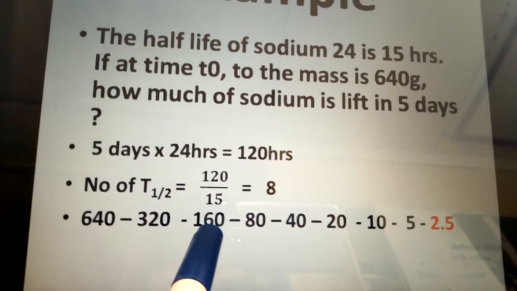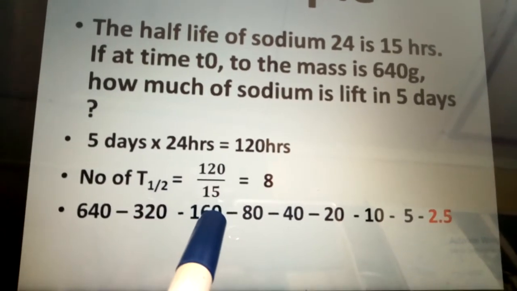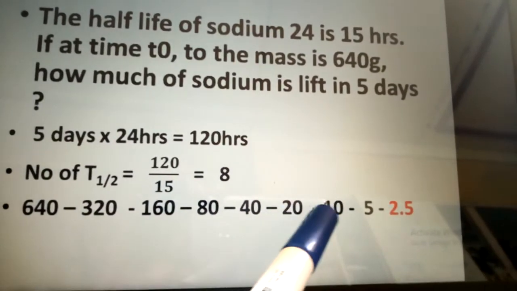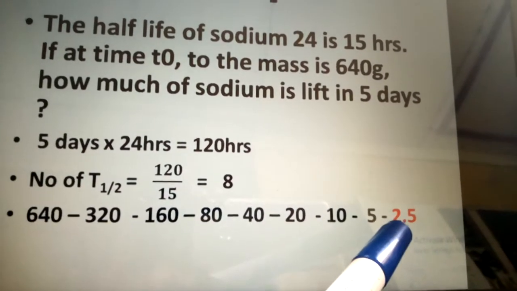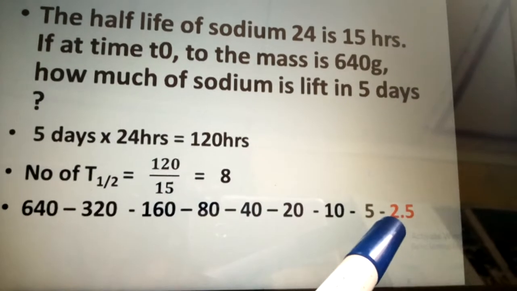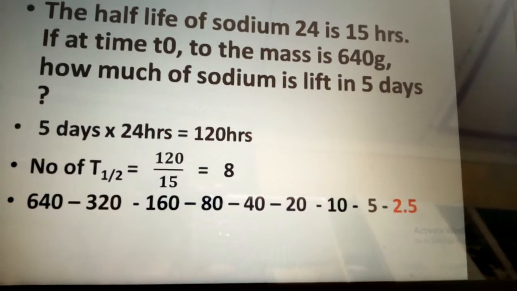After another 15 hours, half of 160, 80 will go, 80 will remain. You do that and so on up to 8 half-lives, which gives us the remainder to be 2.5 grams only.